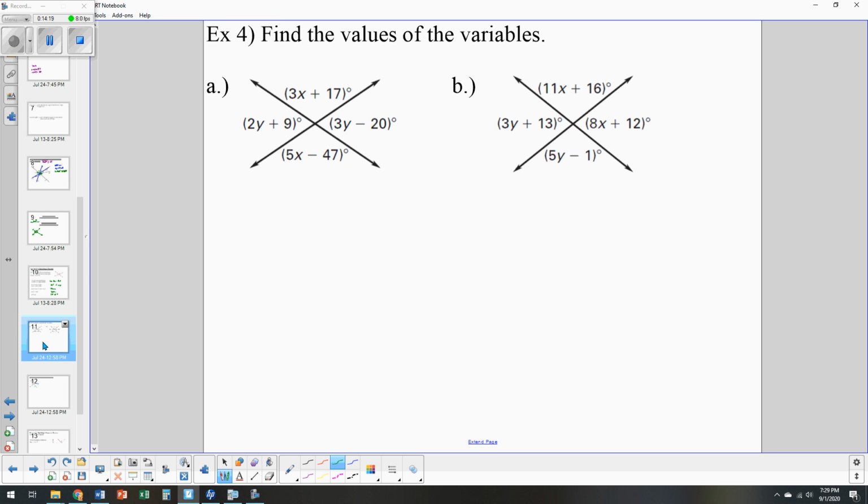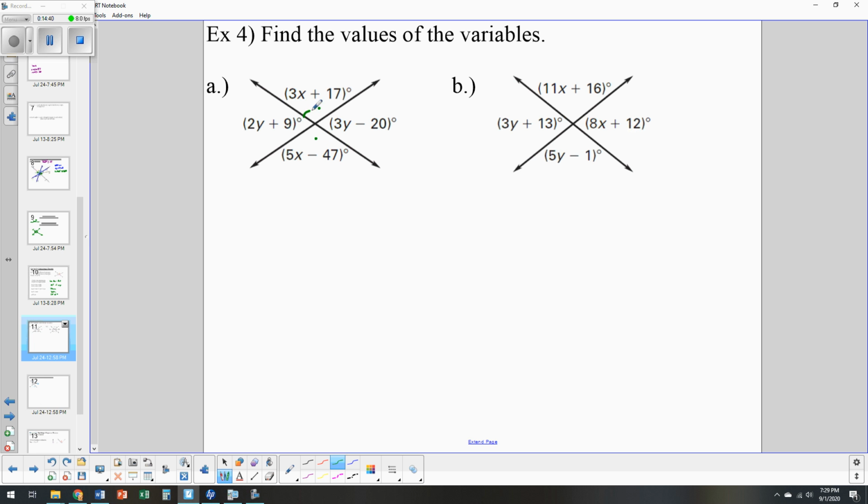So now we're going to put the vertical angle theorem into action and the linear pair postulate into action. I'm going to look at these pictures and see which angles have the same variables. In picture A, I have a 3x plus 17 here, and I have a 5x minus 47 here.